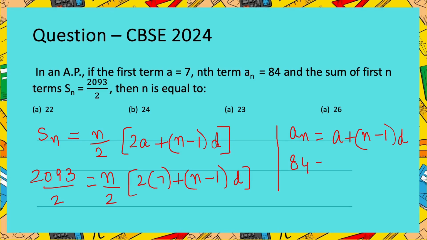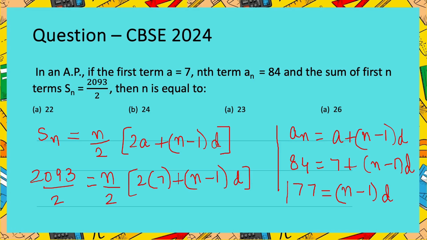On doing that, I get 84 is equal to 7 plus n minus 1 into d. Now I can take 7 to the other side and I'll have 84 minus 7, which would give me 77. So 77 is equal to n minus 1 into d.